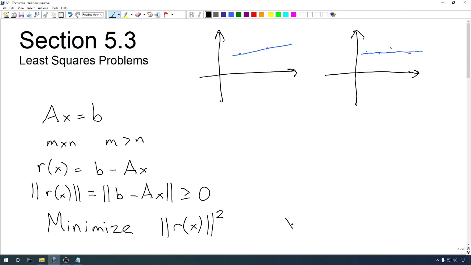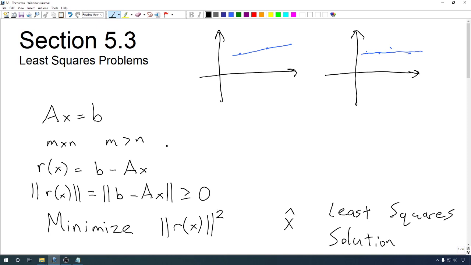A vector, which we will frequently in this section denote as x with a little hat on top of it, if x hat is a vector that minimizes the magnitude of r of x, we call x hat a least squares solution to the system Ax equals b.